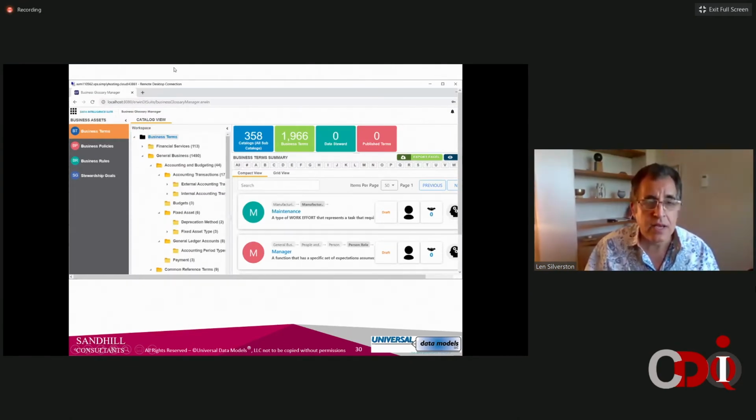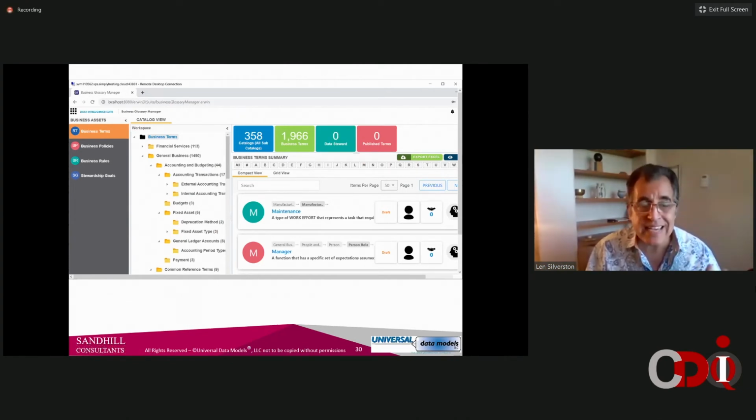This happens to be in one data cataloging tool, Irwin's DI tool, where we say, okay, there's financial services definitions, but there's also general business definitions. And we don't define these general business definitions over and over again. We take the financial services and we bring in the general business of accounting, budgeting, and not redefine this for financial services or healthcare or telecom. These get absorbed into the financial services as part of that model.